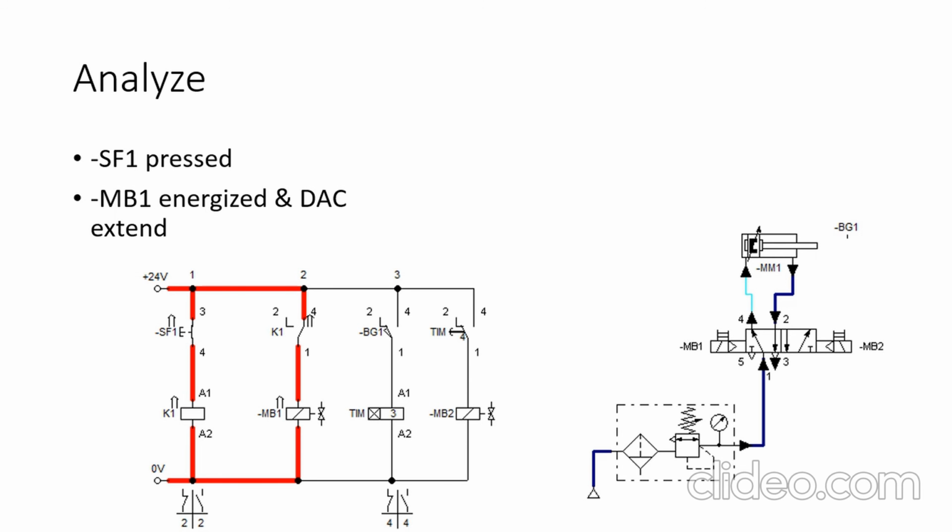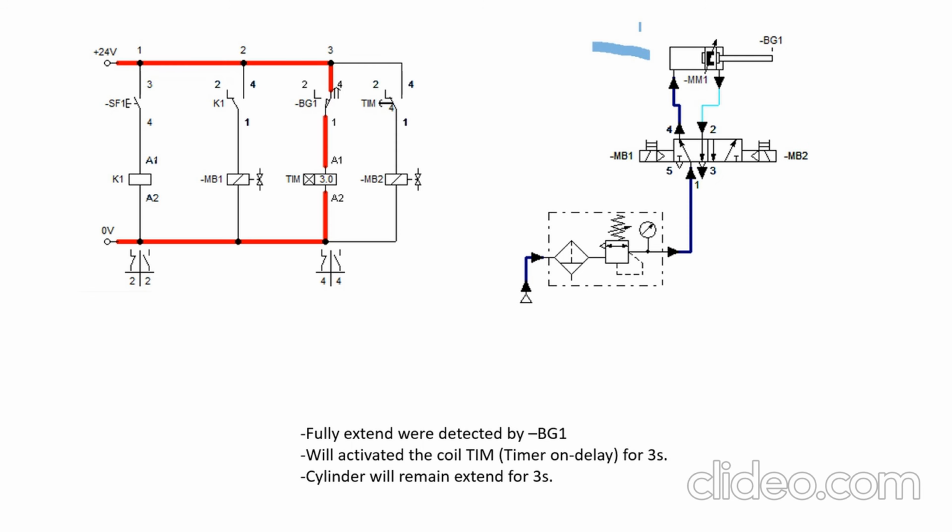So when SF1 is pressed, this one, MB1 is energized, and the double acting cylinder will be extended. Here the double acting cylinder will be extended.